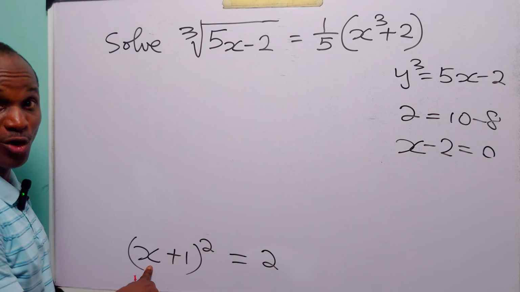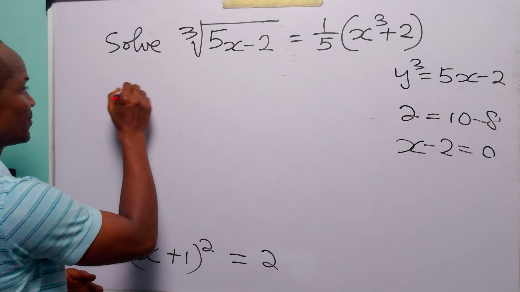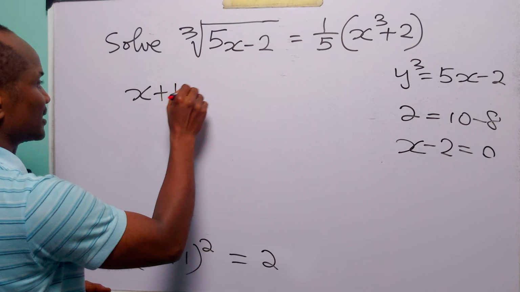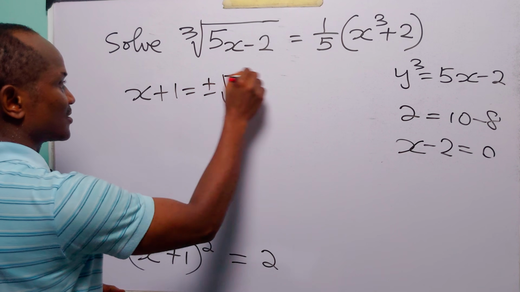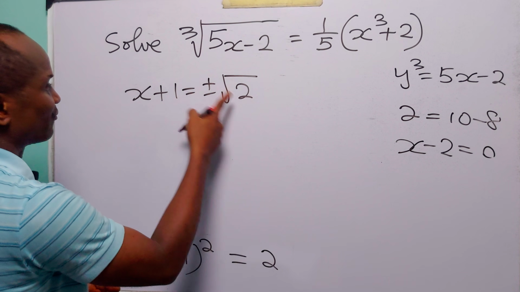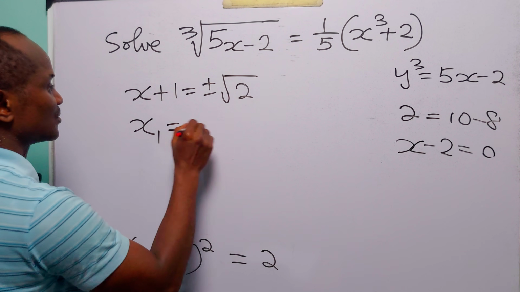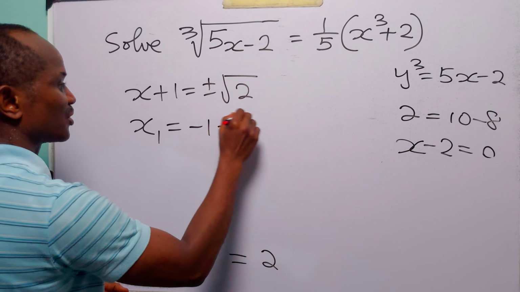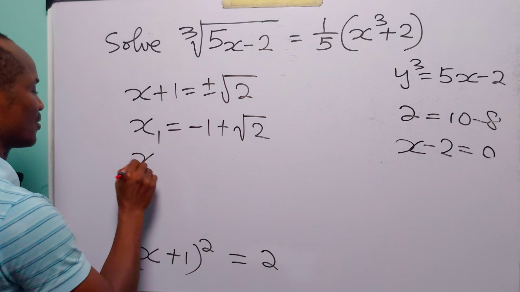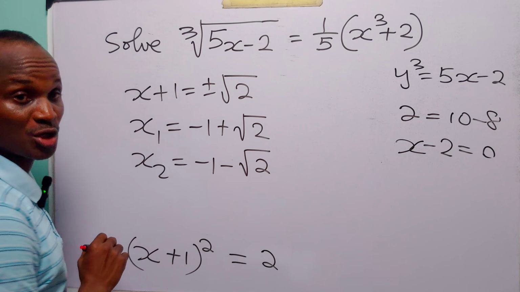And to find the value of x, we take the square root of both sides of this equation. When we do that, we have that x + 1 is equal to plus or minus the square root of 2. And of course, subtracting 1 from both sides of this equation, we have that x is equal to −1 + √2, or x is equal to −1 − √2.